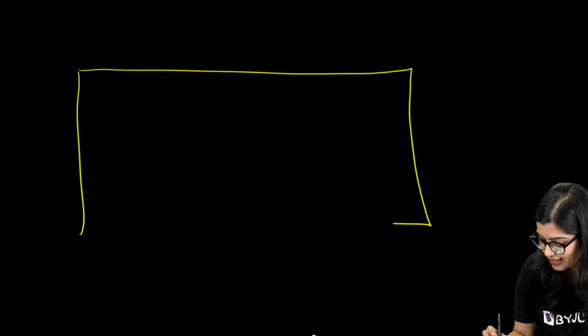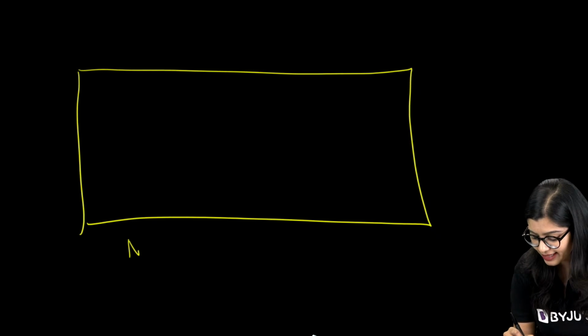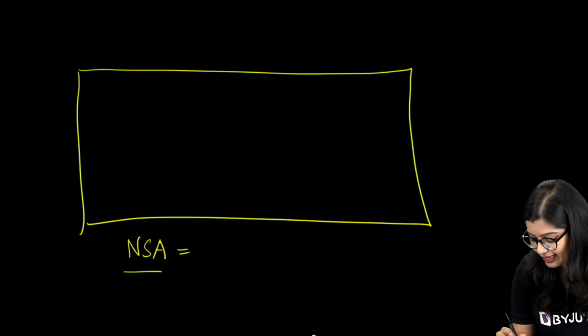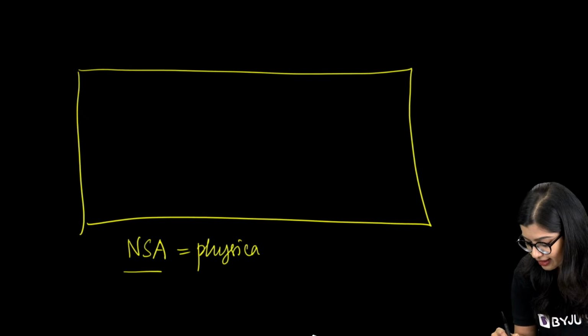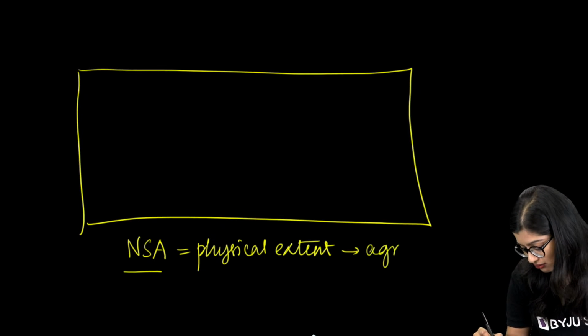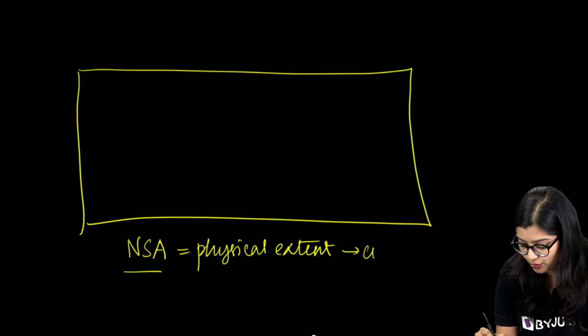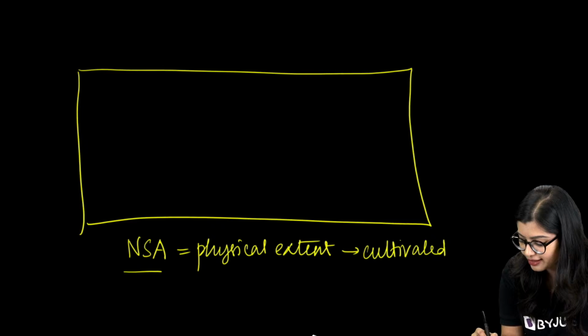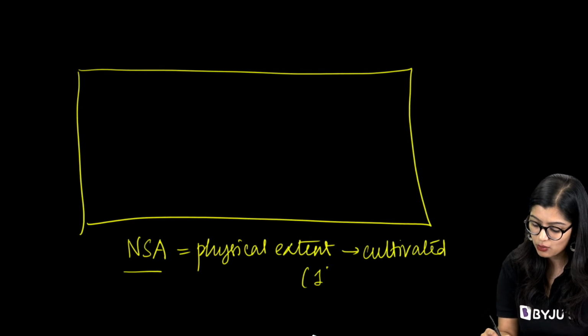Next up, by popular demand, net sown area and gross cropped area. Okay, doing that very quickly. Your net sown area, or NSA, is the physical extent to which you have cultivated crops, in easy words. And this is when we are counting it once.